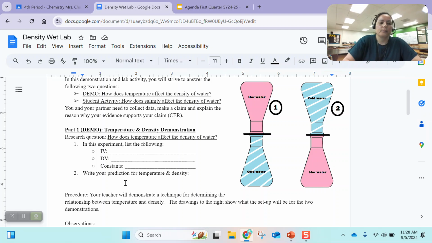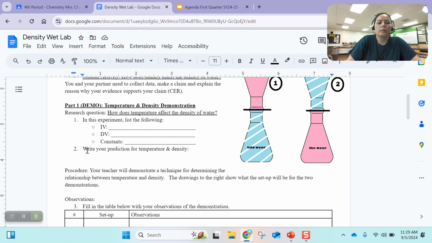Okay, so looking here, number 2, it says write a prediction for temperature and density. So now using all of your 15 years of experience, please think a little bit about what effect temperature has upon the density of water. What you could do is write a hypothesis in an if-then statement.